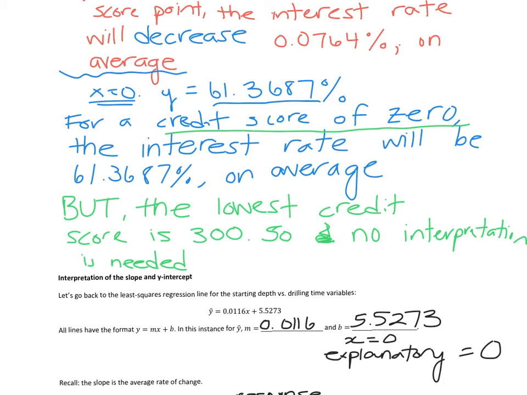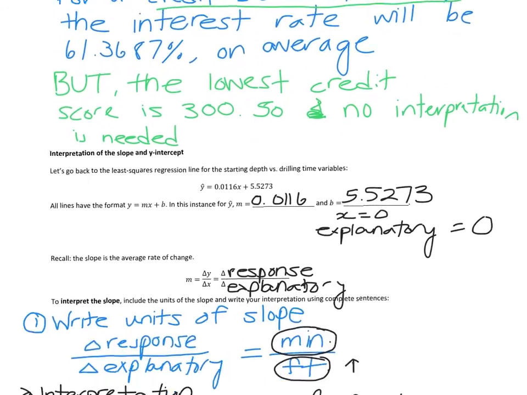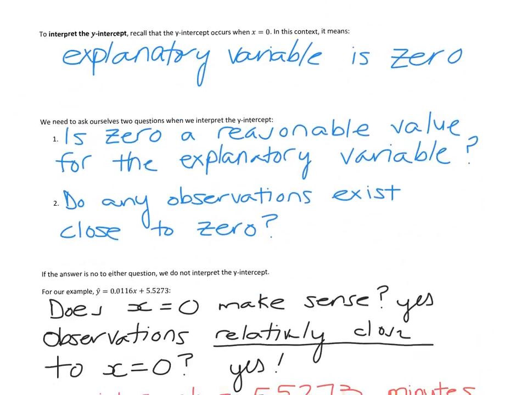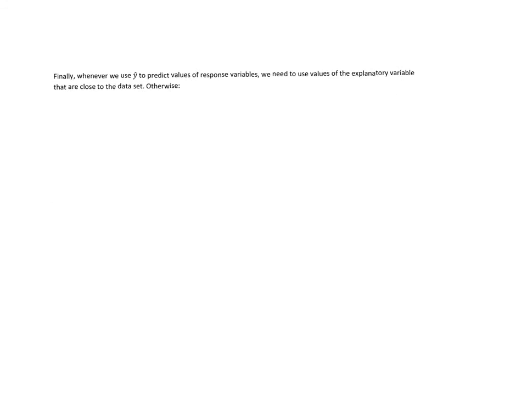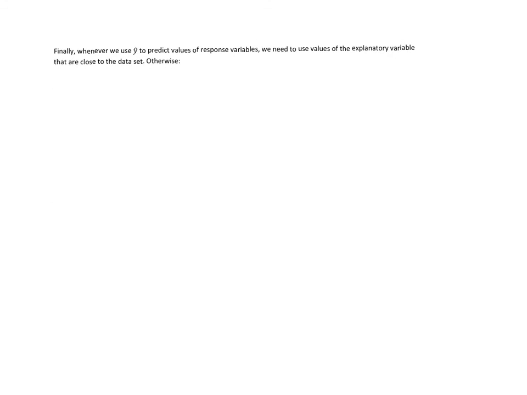We have one more thing to cover in this note packet, in this section. Let's go all the way down. And this is just saying, and we kind of touched on it in the y-intercept interpretation, we want our predicted values to be close to the actual observations. So that's this part right here. Whenever we use y-hat to predict the values of response variables, we need the values of the explanatory variable to be close to the data set.